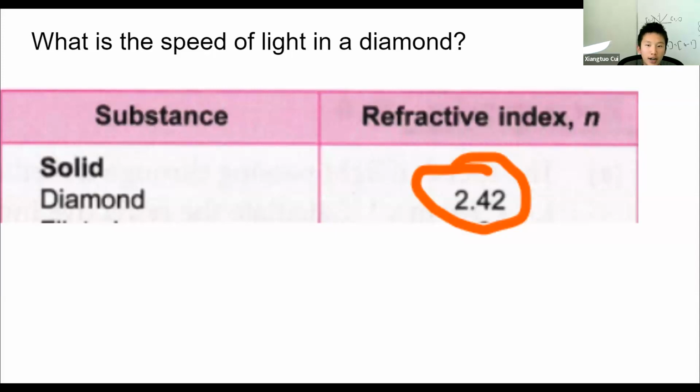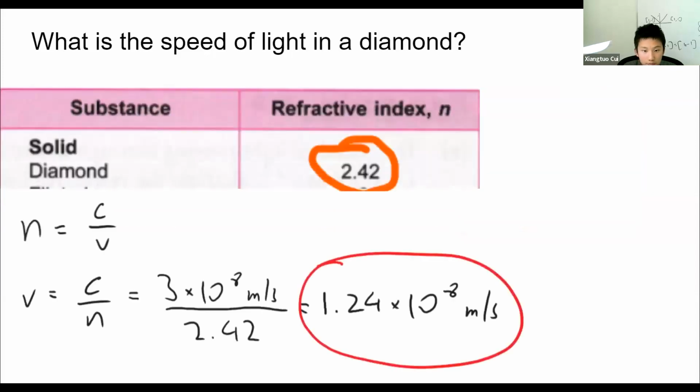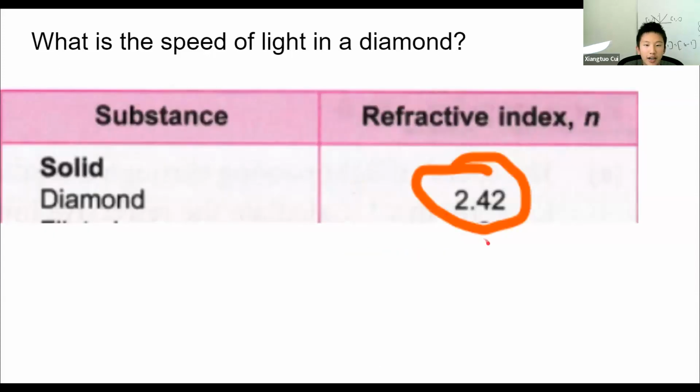Well, we know the refractive index and we know the speed of light in a vacuum. So using the equation n equals c over v, we can calculate the velocity of light in a diamond. Everyone try to use that equation to find out the speed of light in a diamond.